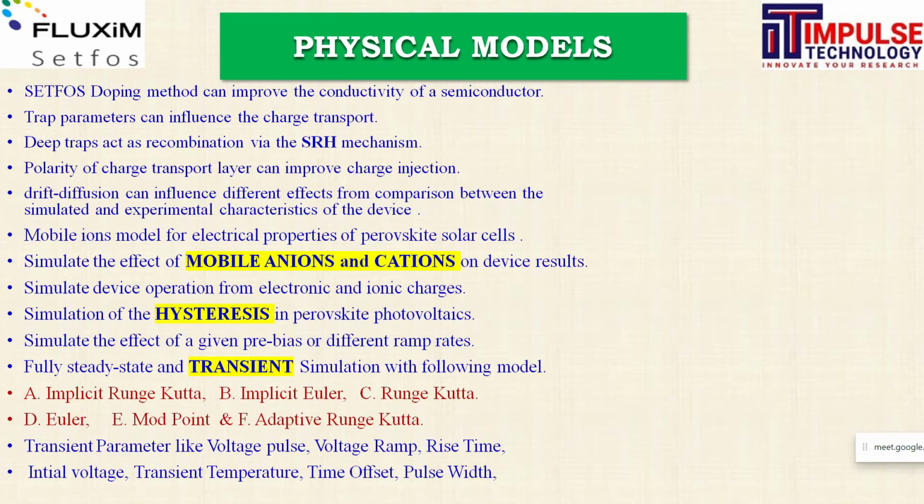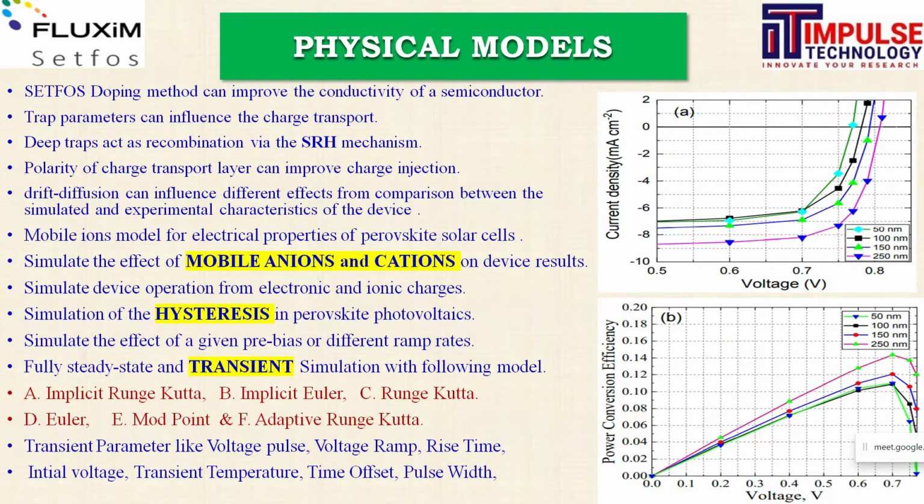So suppose you want to define the transient voltage, transient temperature, time offset, pulse width, initial voltage, and you would like to sweep the parameters. Then these are some key graphs showing different variations of different parameters. Suppose you would like to tune the thickness or some voltage, temperature, current, different parameters, you can tune and you can maximize the efficiency of your device.